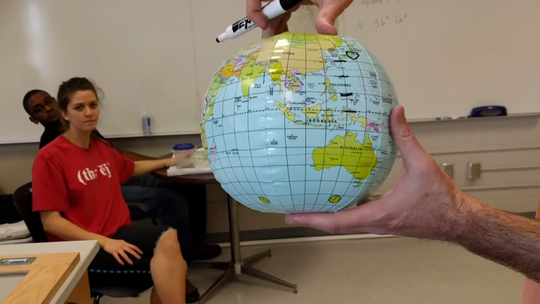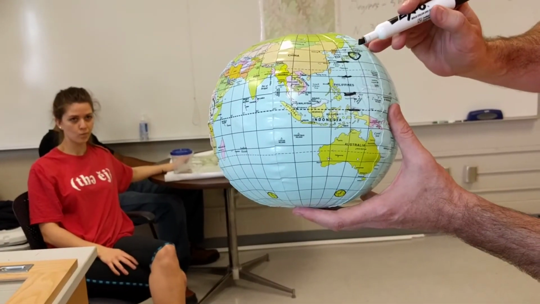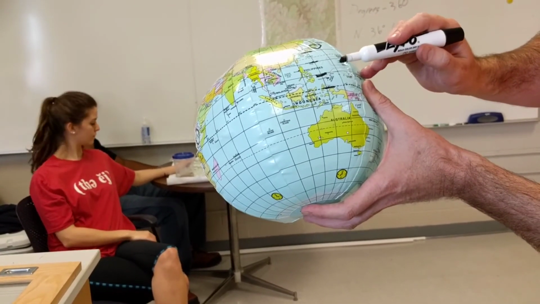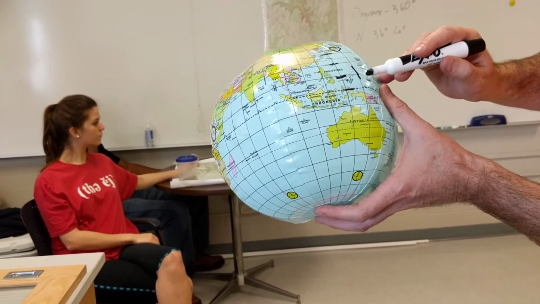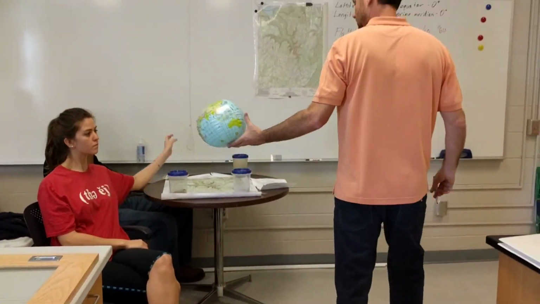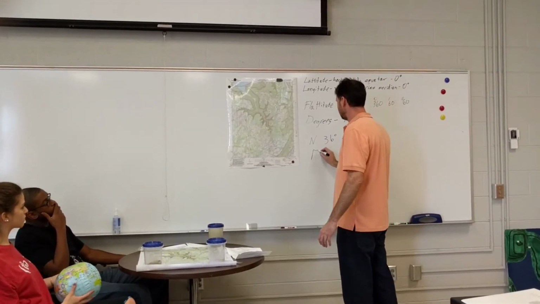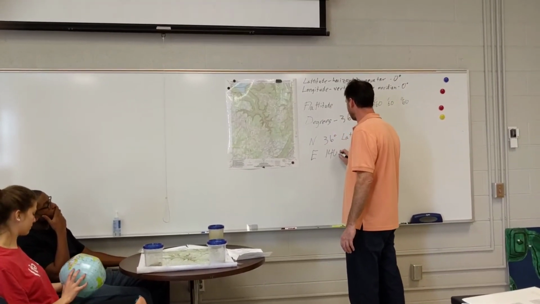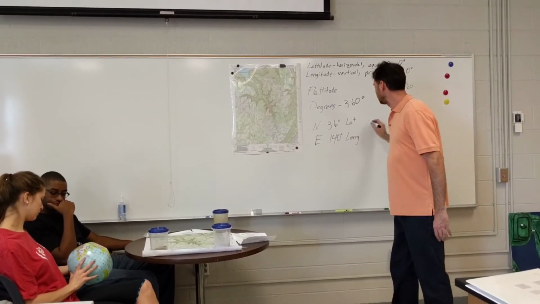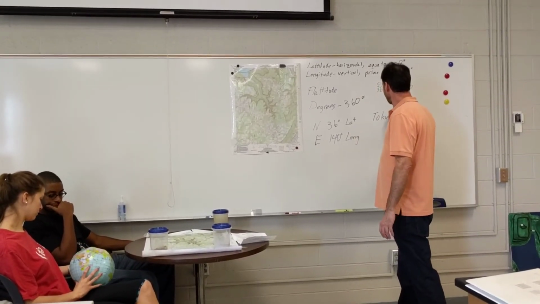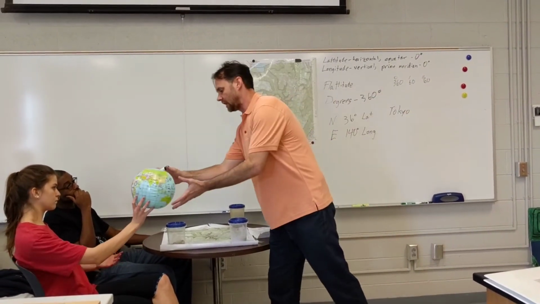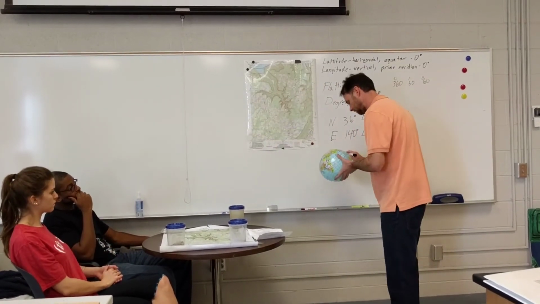As we spin the globe around, we see that Japan is there, and Tokyo is on the 140 degree longitudinal line, 140 to the east. East, 140 degrees longitude. Tokyo.